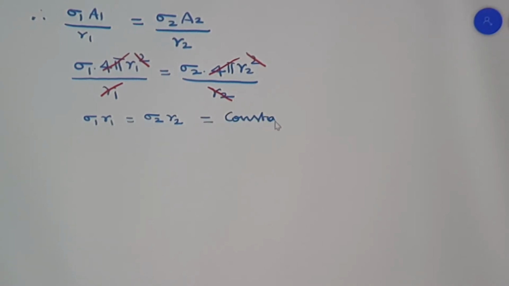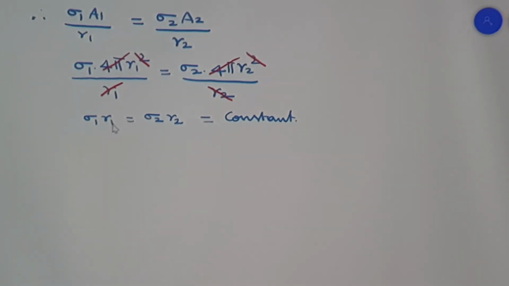See, when you are considering the first sphere as well as the second sphere, sigma 1 is entirely different from sigma 2 and R1 is entirely different from R2. Both are of different values in both cases, but the product of surface charge density and the radius is equal in both the cases.